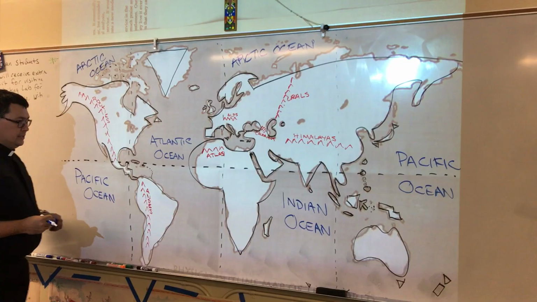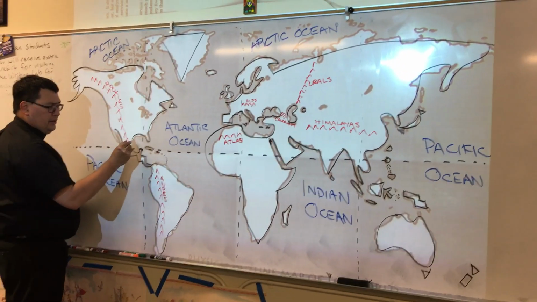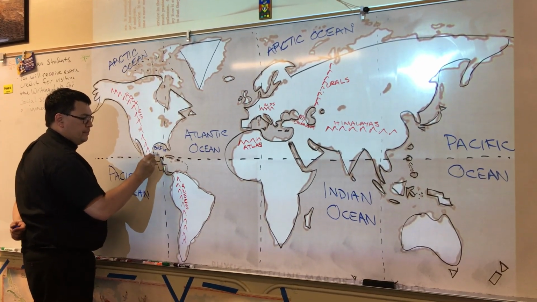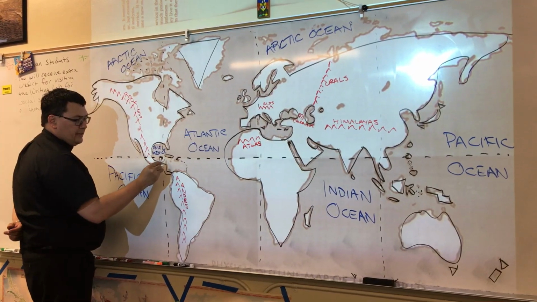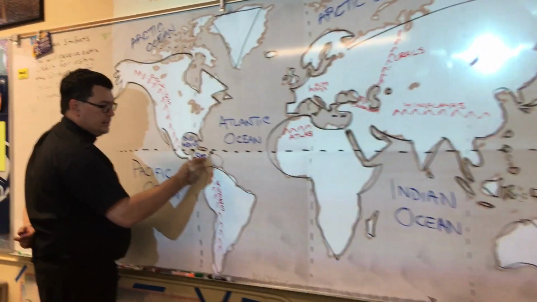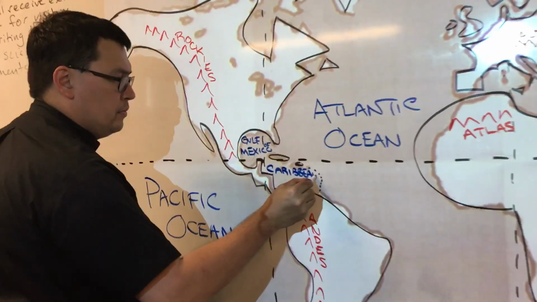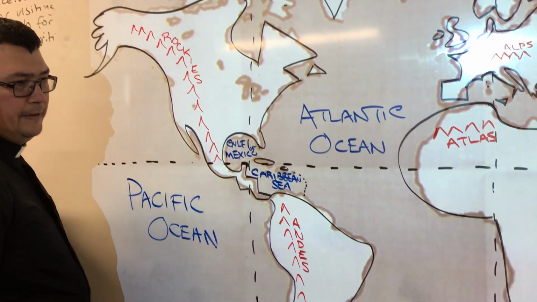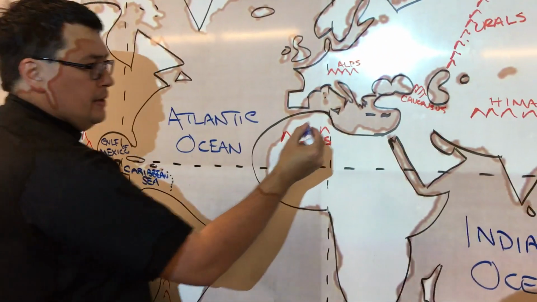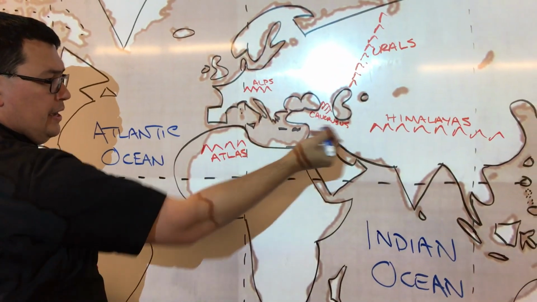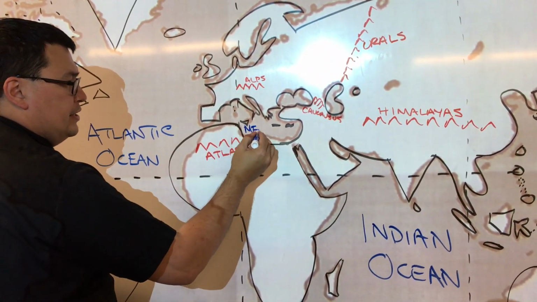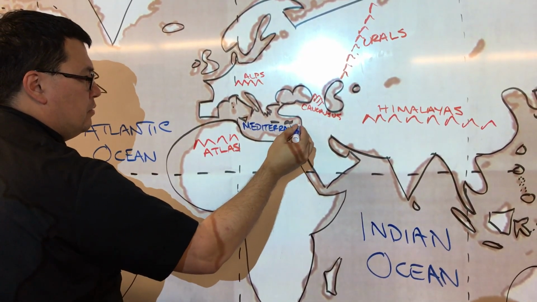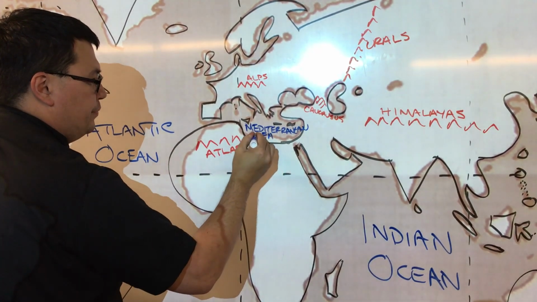We have some seas. So if we come back here to North America, we have the Gulf of Mexico right next to Mexico. And we have the Caribbean with all these tropical islands here. So we have the Gulf of Mexico and the Caribbean Sea. If we move over here to Europe, in between Europe, Asia, and Africa, we have the Mediterranean. Mediterranean Sea is here.